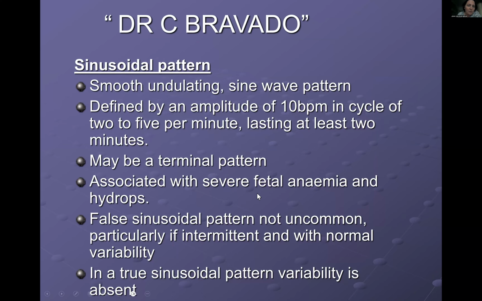It could also be associated with severe fetal anemia or hydrops, right? Hydrops, as we mentioned, for example, in rhesus isoimmunization, or if there has been, for example, parvovirus or any other cause of hydrops or fetal anemia. And as I said, if it is intermittent for short times and it changes when the patient changes position, that is okay.